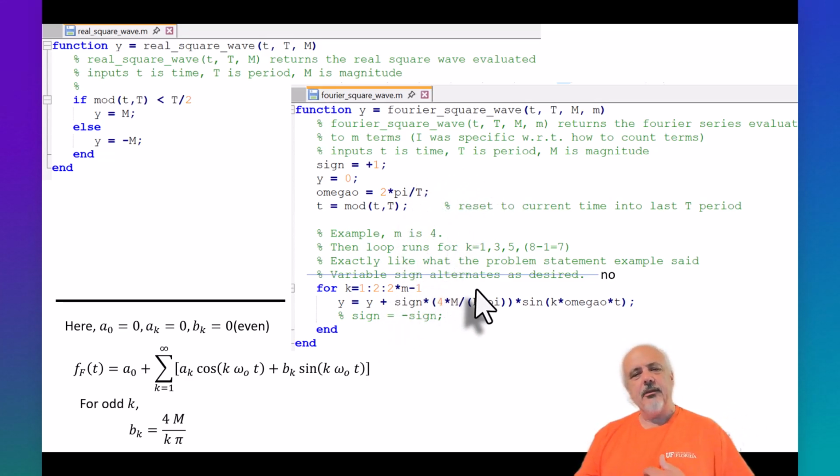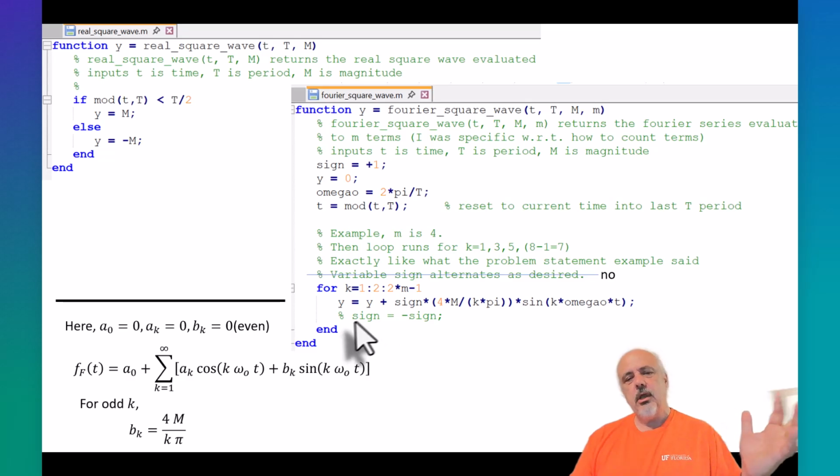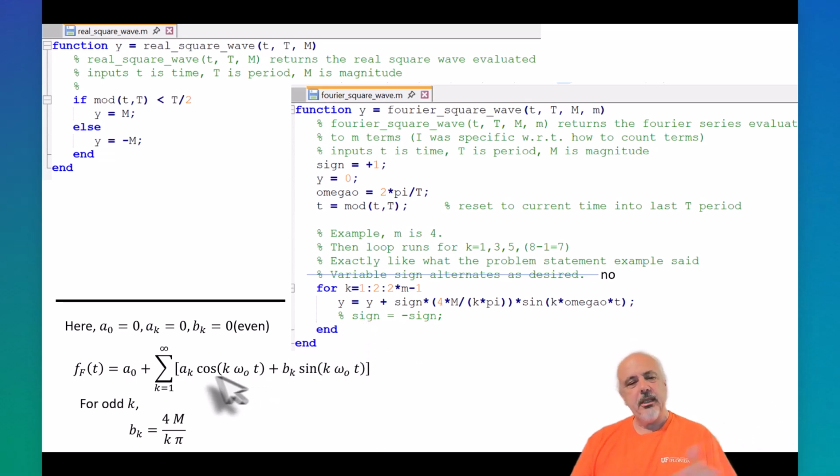So I adapted this, to be honest, from different sorts of cycles. This particular cycle, there are no sign changes on the b. The b is always going to be 4m over k pi, and that's going to be only for odd ones. So in my for loop, k starts at 1, and then I'm going to go odd.